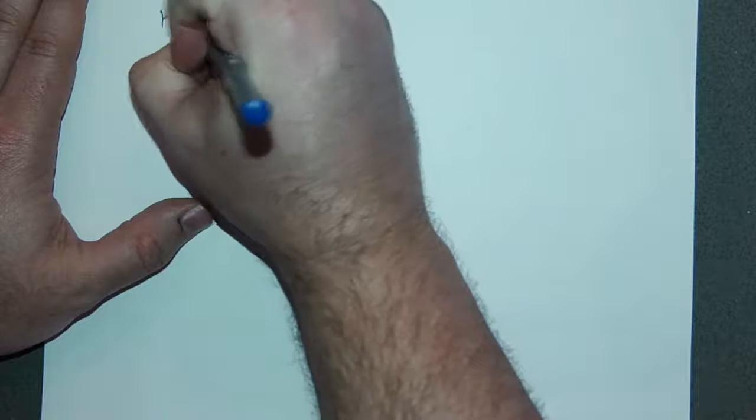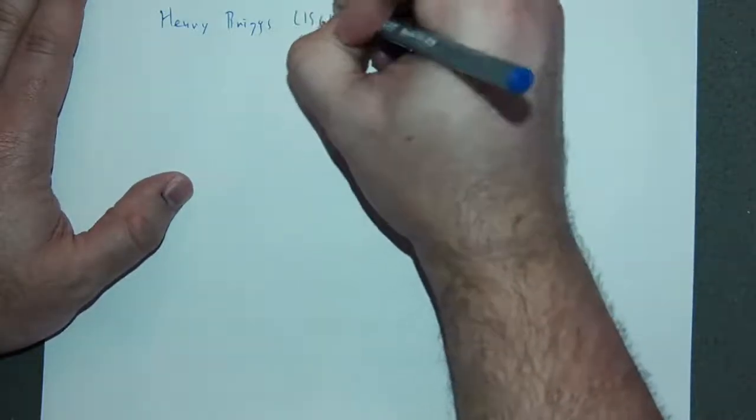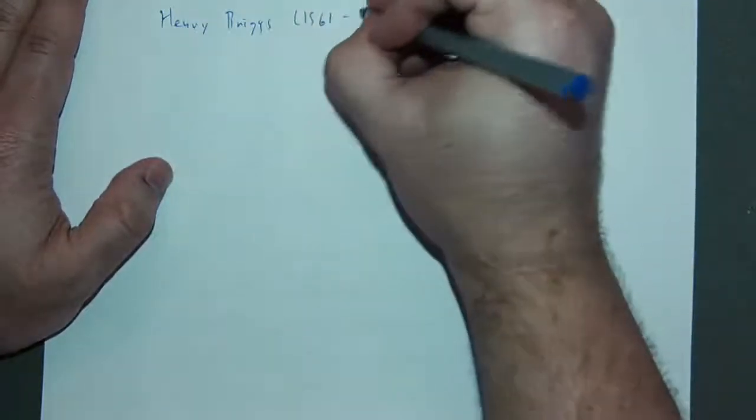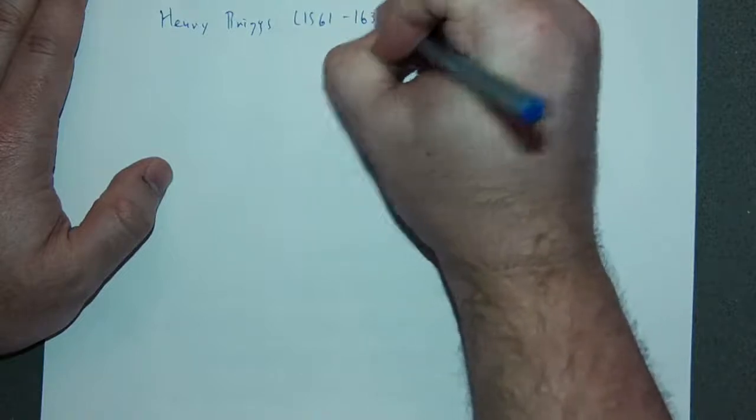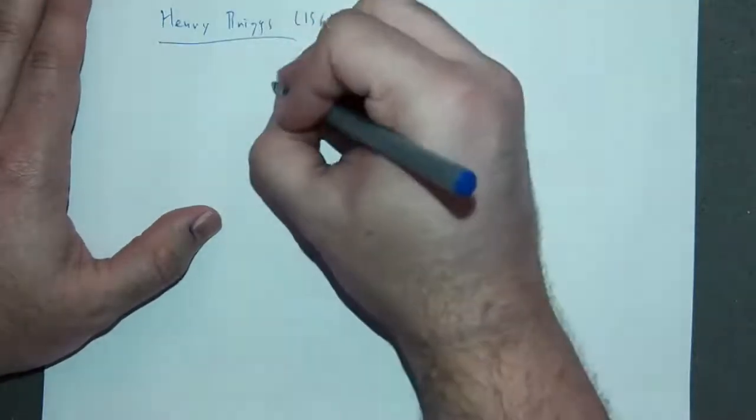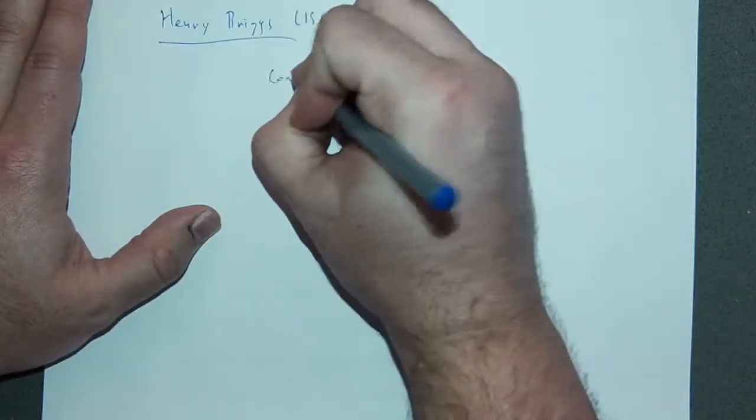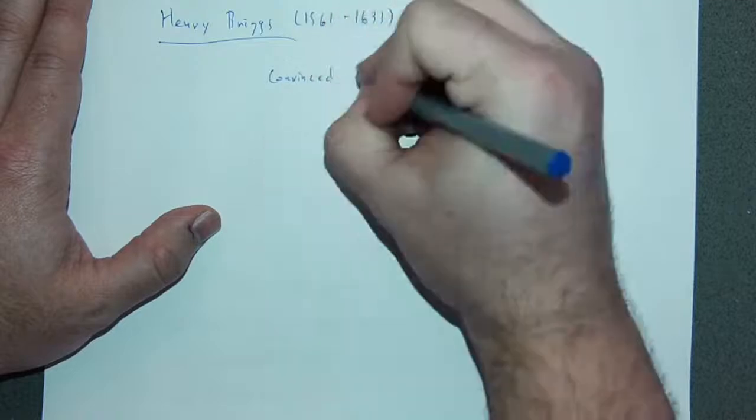So the next person to mention, inevitably, is Henry Briggs, who actually traveled and discussed logarithms at length with Napier, and additionally convinced Napier of investigating log base 10.